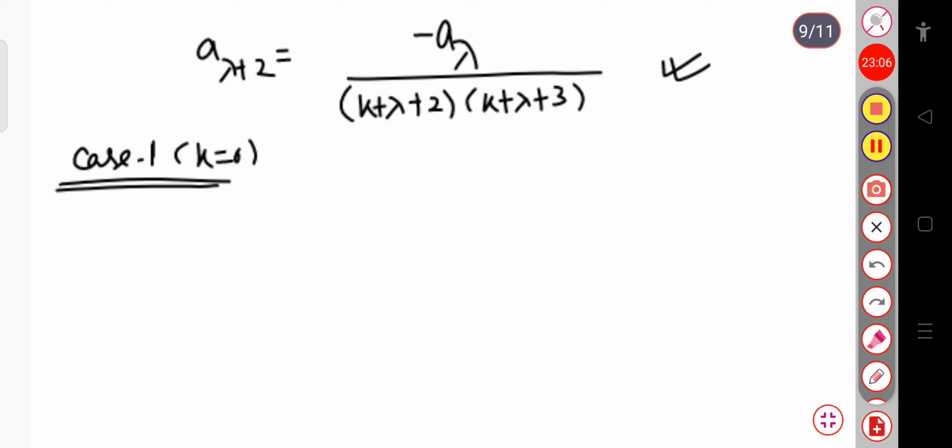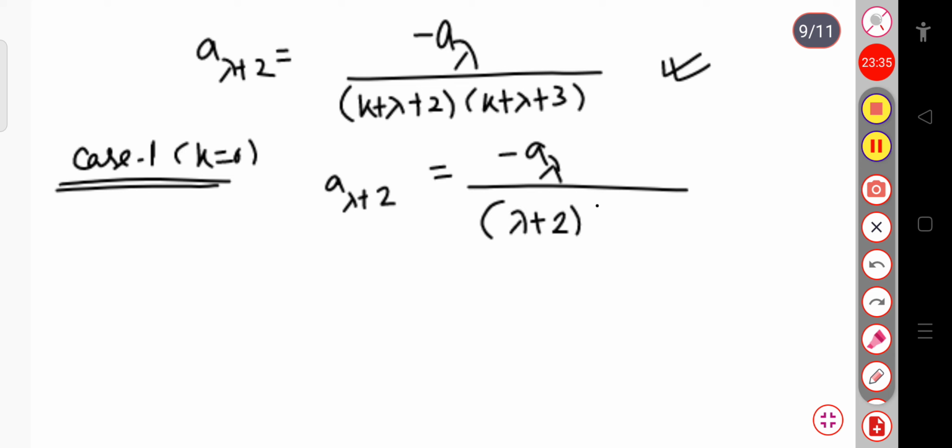The same procedure applies for any Frobenius series solution, so this method will get repeated. So a lambda plus 2 equal to minus a lambda divided by, in place of k you just write 0, so this will be lambda plus 2 into lambda plus 3.